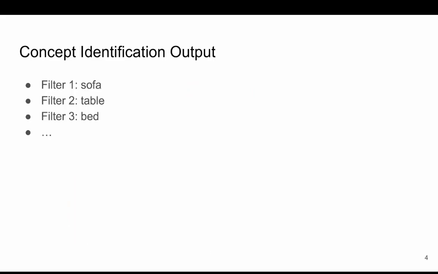So at the end of the concept identification stage, the output consists of each of the filters in the last convolutional layer of the CNN and the corresponding most likely concept that this filter might identify from the space of concepts identified by the semantic segmentation model that we use in POEM.